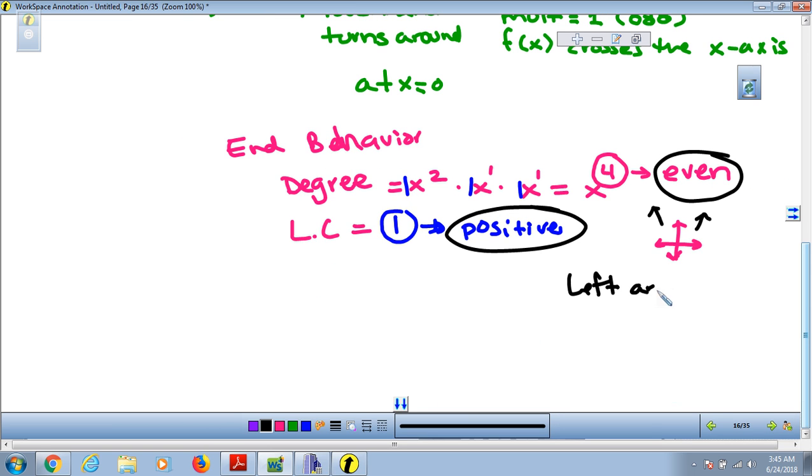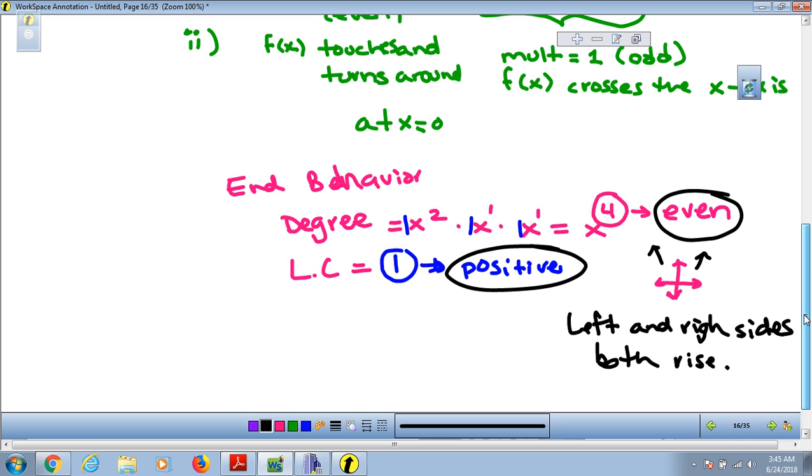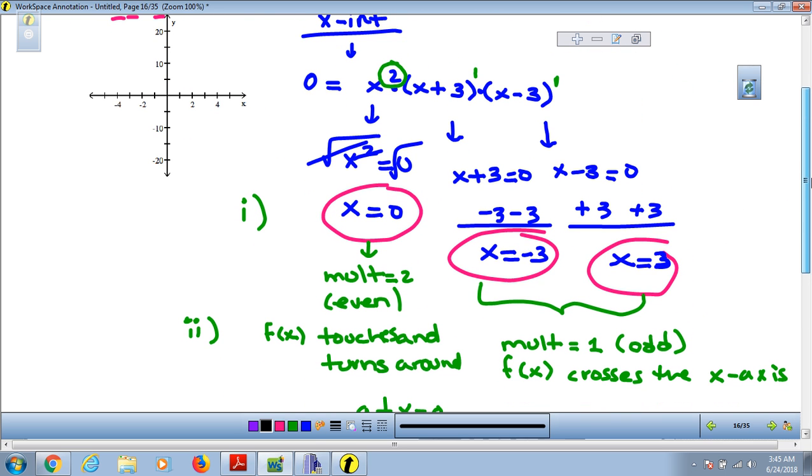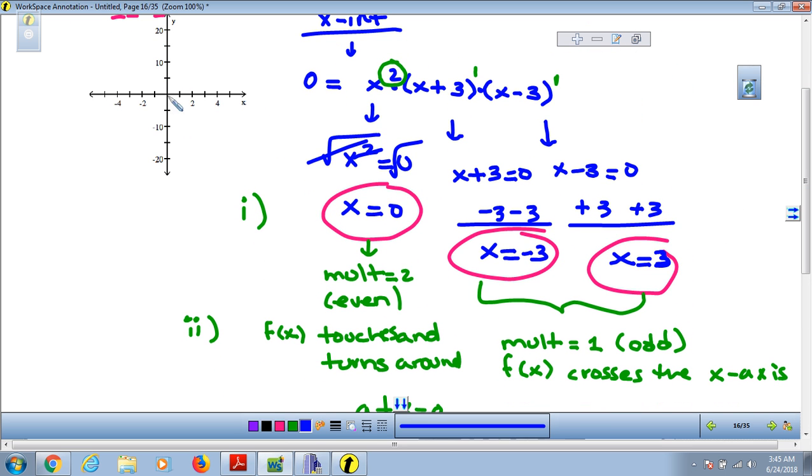Both the left and right sides point upward. So when I'm trying to do the graph, I plot points at the x-intercepts 0, -3, and 3.